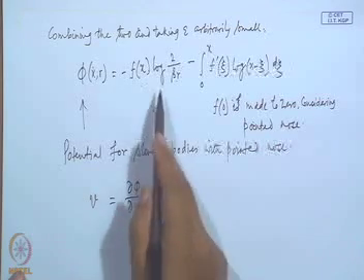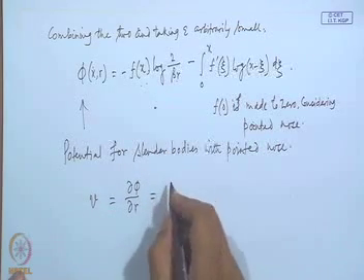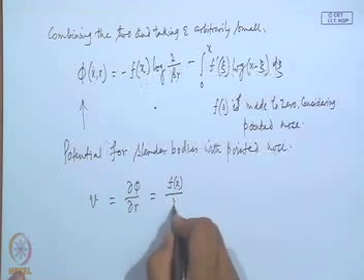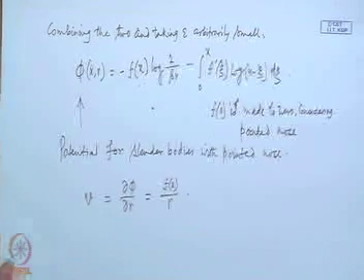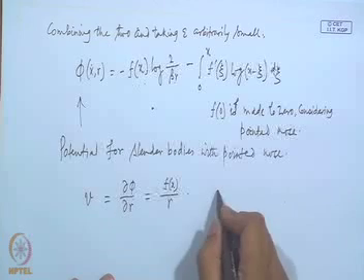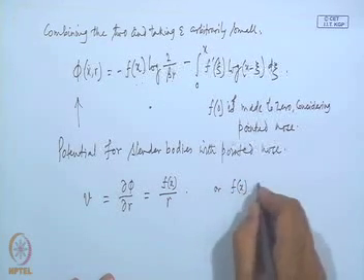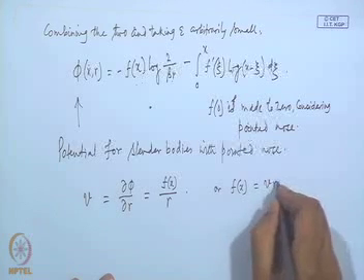So, this can be easily differentiated, and the result is f x by r, or f x equal to v r.